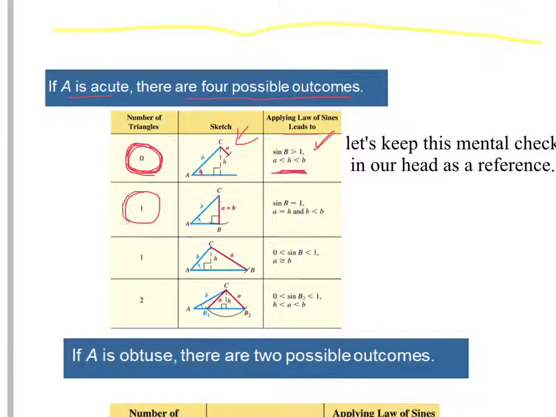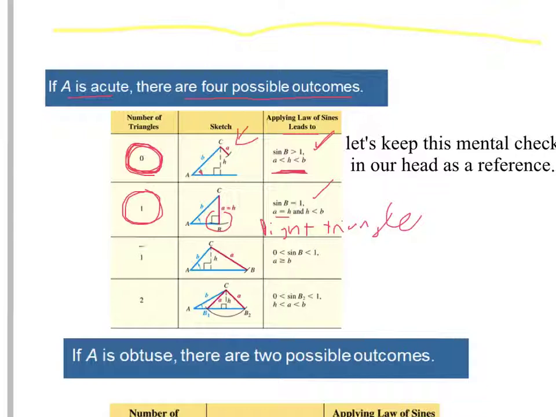We might end up with one particular solution, and that would be if sine of B equals 1, and basically you have a right triangle. So you find yourself having a right triangle there, and A happens to be the height of that right triangle.